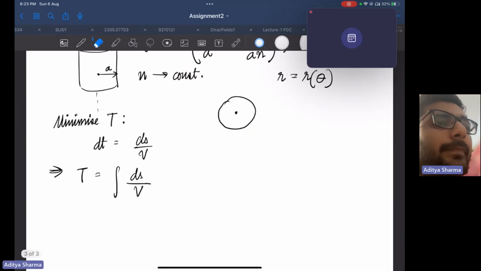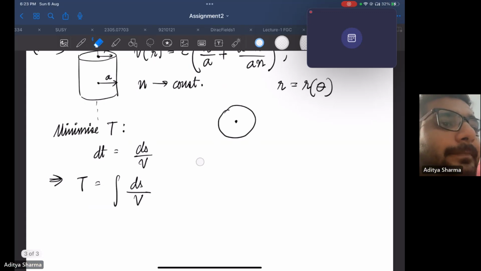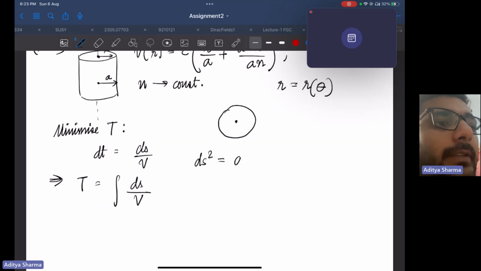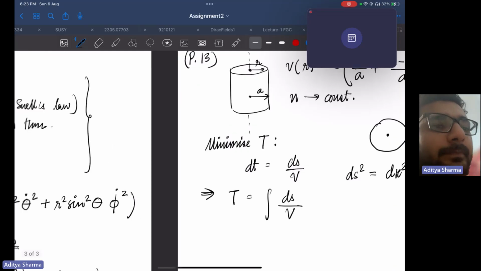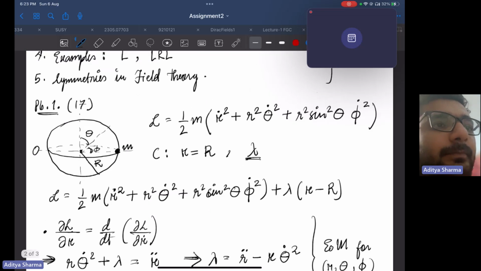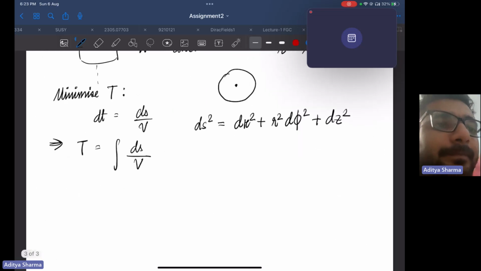ds is nothing but an infinitesimal line element in cylindrical polar coordinates, which is equal to dr square plus r square d phi square plus dz square. Okay.